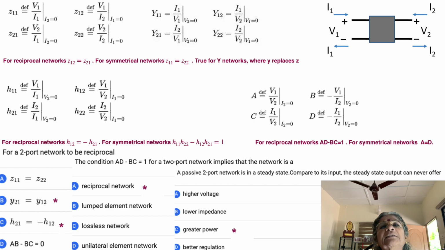Of course, certain directions are taken as convention, such that you can describe the different kinds of parameters that are there. The most natural kind of parameters to me looks like the Z parameters. So the Z parameters have, again, as I said earlier, some constants. They are named as Z11, Z12, Z21, and Z22. Similarly for all parameters.